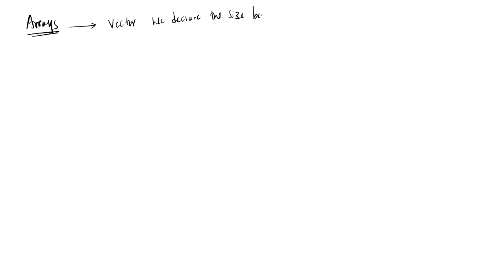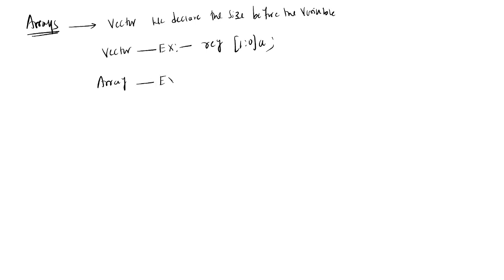If you see the vector example, you will consider range [1:0] a. This is a vector. Arrays, on the other hand, are where we declare the size after the variable. So a [1:0] is nothing but an array.